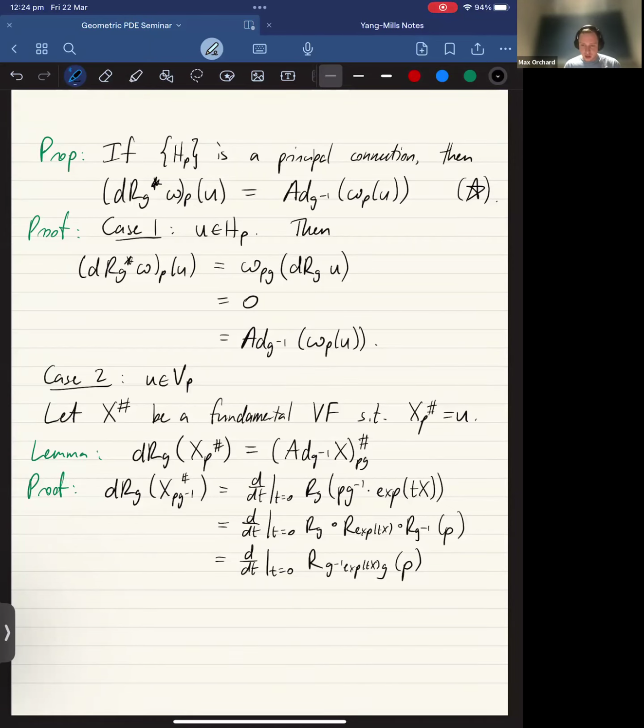And hopefully from here, it's immediate that this is going to be something related to the adjoint because we have conjugation appearing.